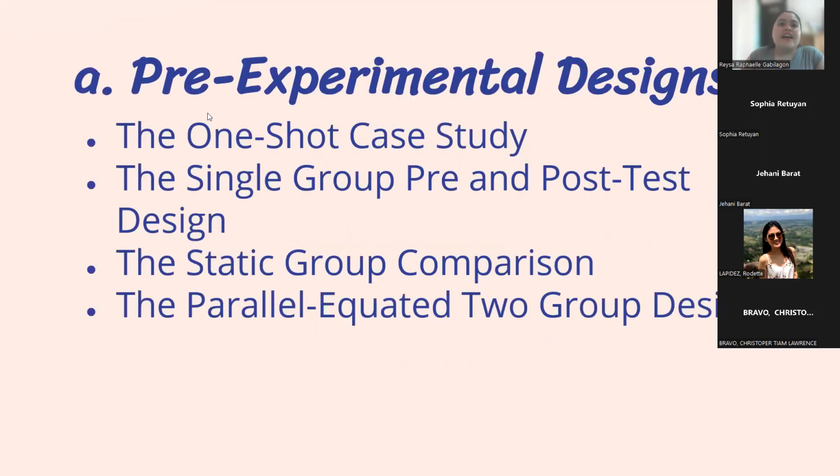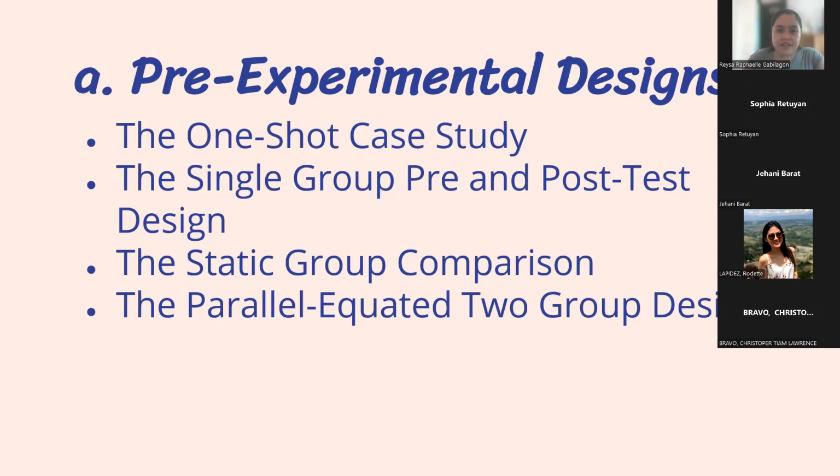Okay, sige. First one is pre-experimental designs. Pag pre-experimental designs class, experimental pa rin ito pero this is not a true experimental research design ha. So ilalagay nyo lang sa paper nyo that your study is a quantitative pre-experimental research design.